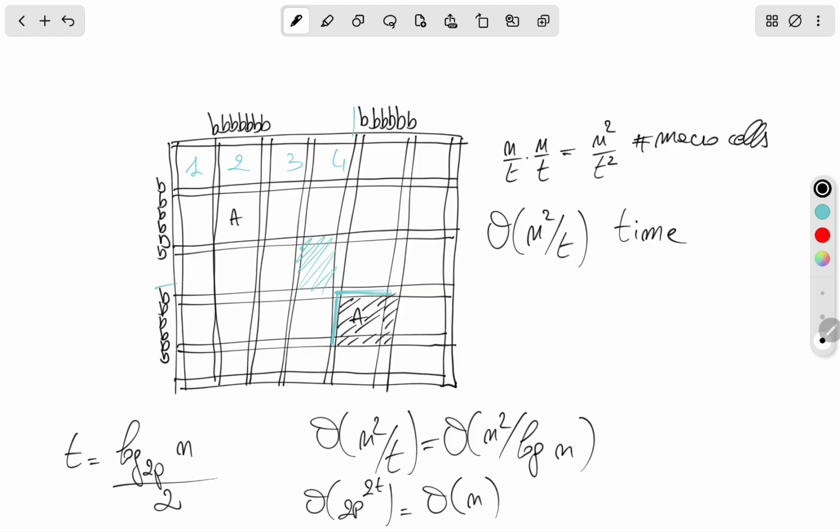So I can pre-compute t by t, or in any case smaller submatrices, and use only the upper left border to compute the lower right border, and this way I can compute the entire matrix.